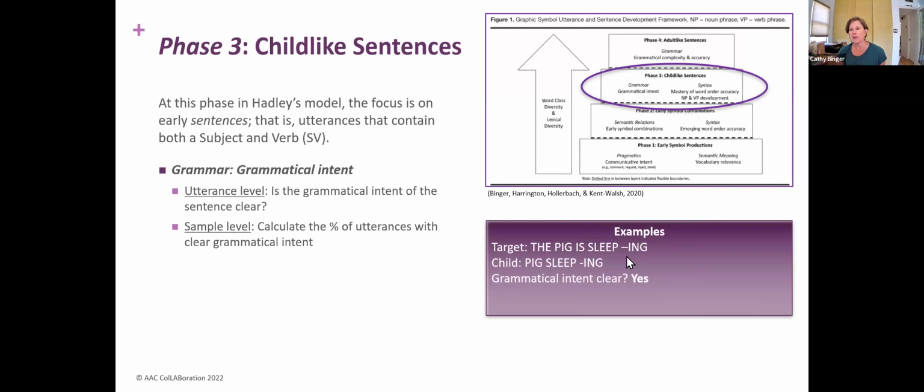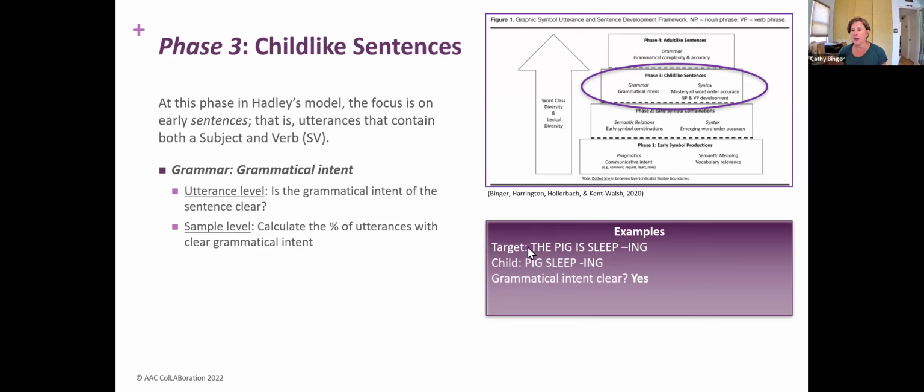So as an example, let's say the target sentence here is the pig is sleeping, and the child says pig sleeping. This is a childlike sentence. A sentence has a subject and a verb. That's what makes a sentence a sentence. That's true for a clause as well. So anyway, we have pig sleeping that the child says here.